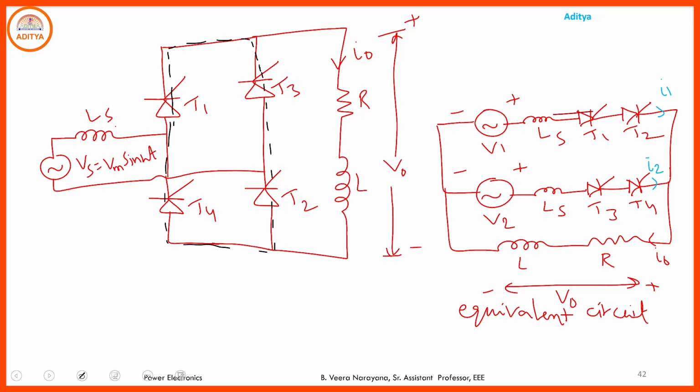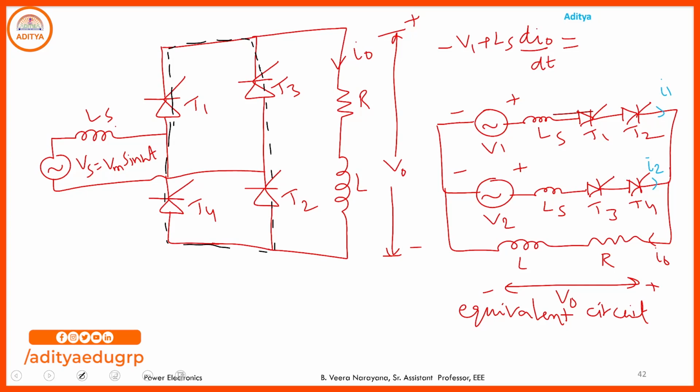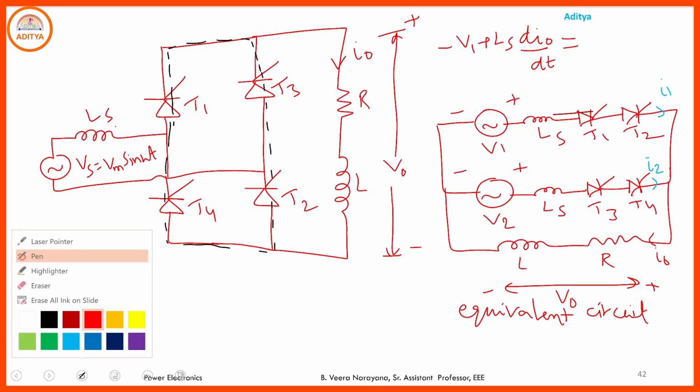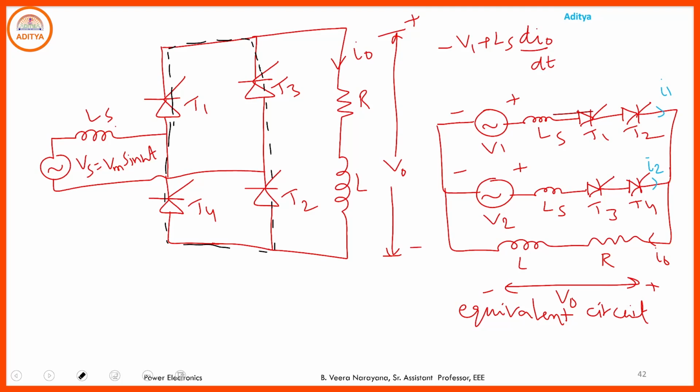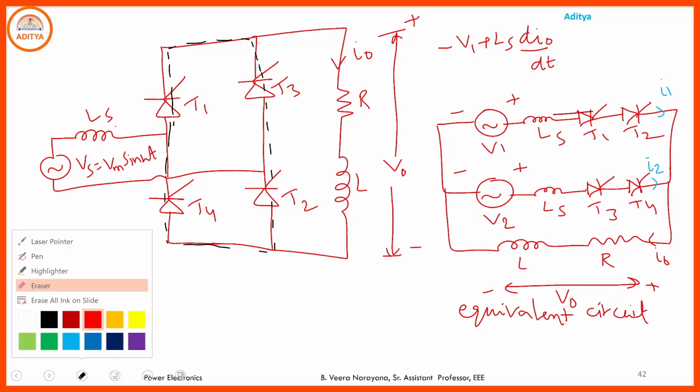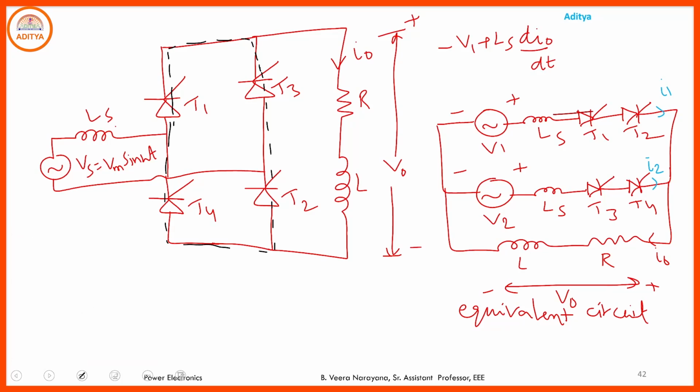What you are getting here, by applying KVL, minus V1 plus Ls into di naught by dt is equals to V1.